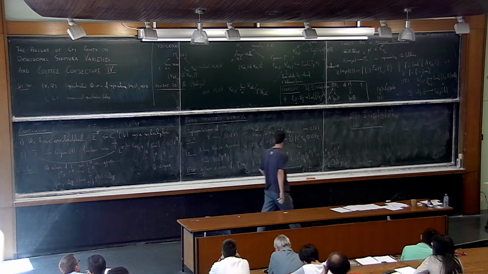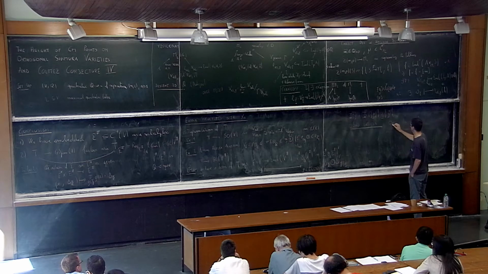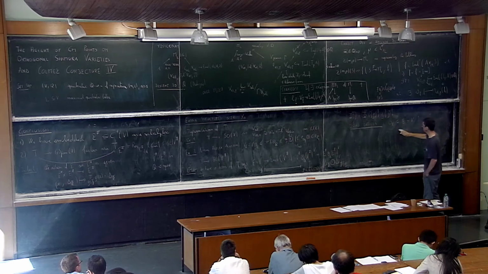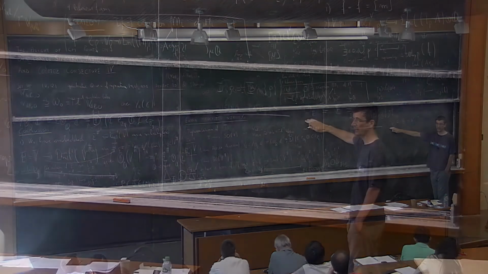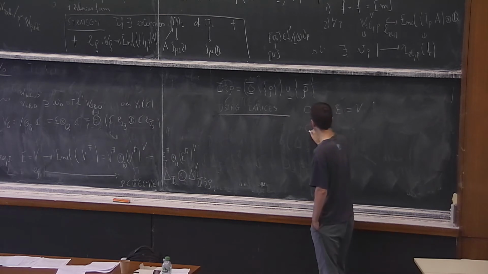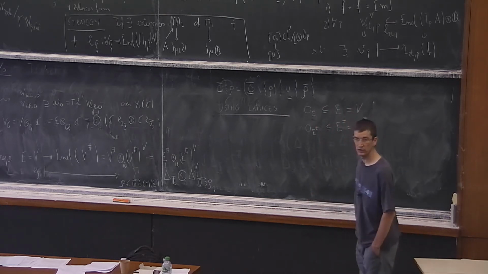And here I have good choices. So I have the lattice O_E inside E, which is my V. And this is really preserved periodically by K0, by our choice. I also have my O_E sharp inside E sharp, which gives my V sharp.